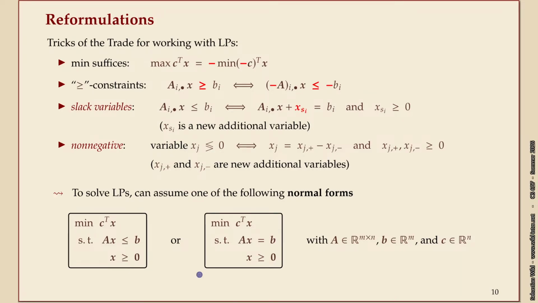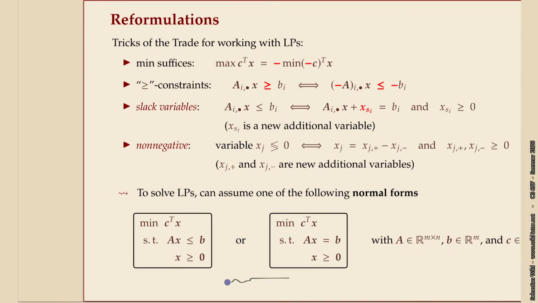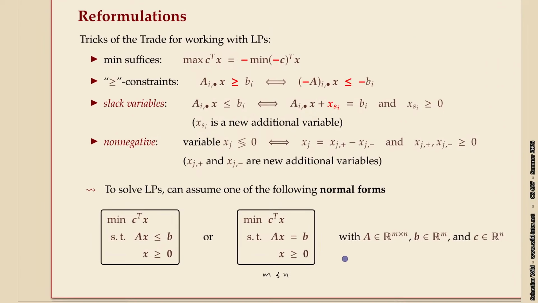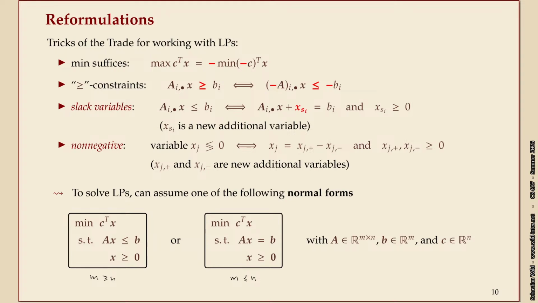But in these two regimes, if you think about this case, with equalities, you probably want fewer constraints than variables. Whereas here you might have more constraints than variables. Potentially, it's not enforced. On this side, if you have more constraints than variables, then essentially you're constrained to a single point, or it's infeasible. So most of the time here, you'll have a lot of variables, maybe coming from slack variables. Whereas here, you could have a lot more constraints, and you take the intersection of all those half spaces.